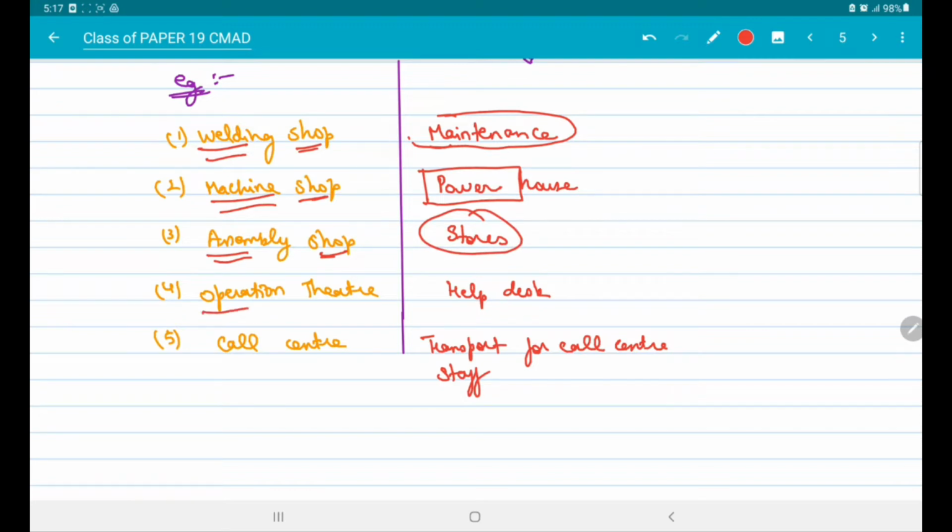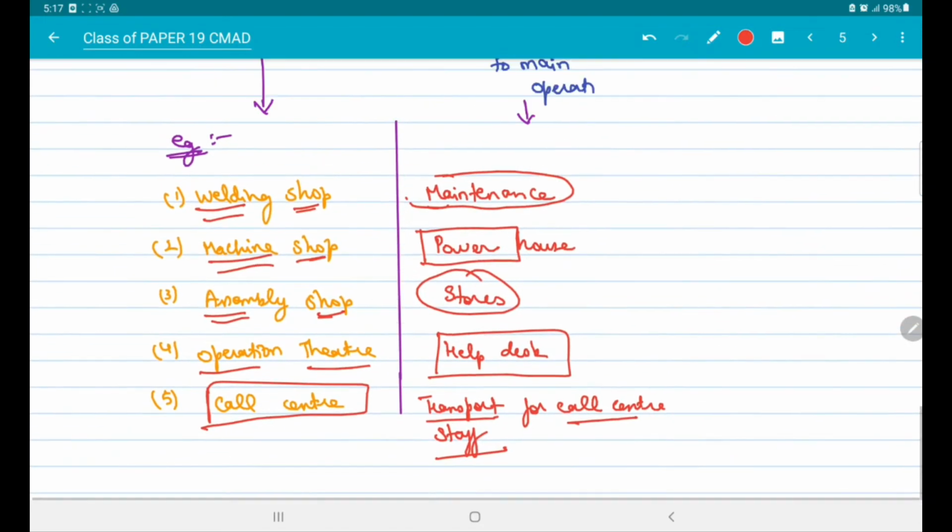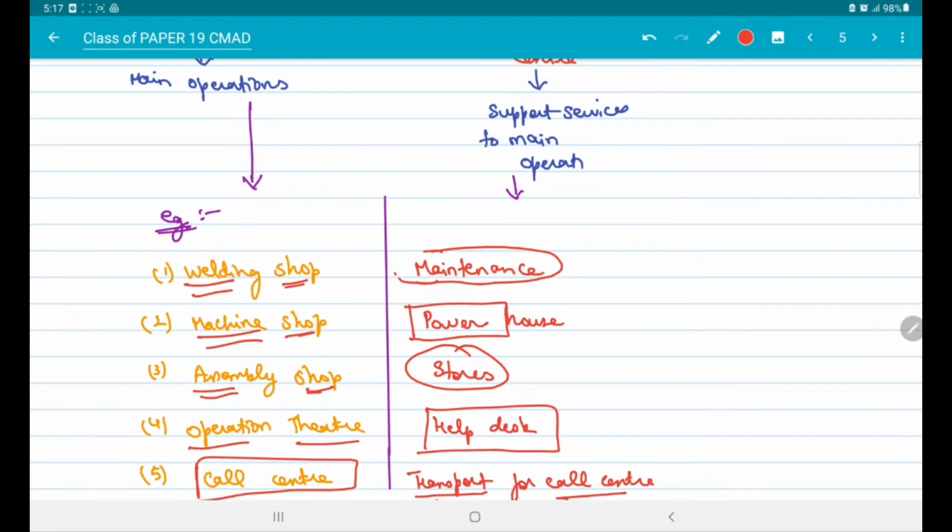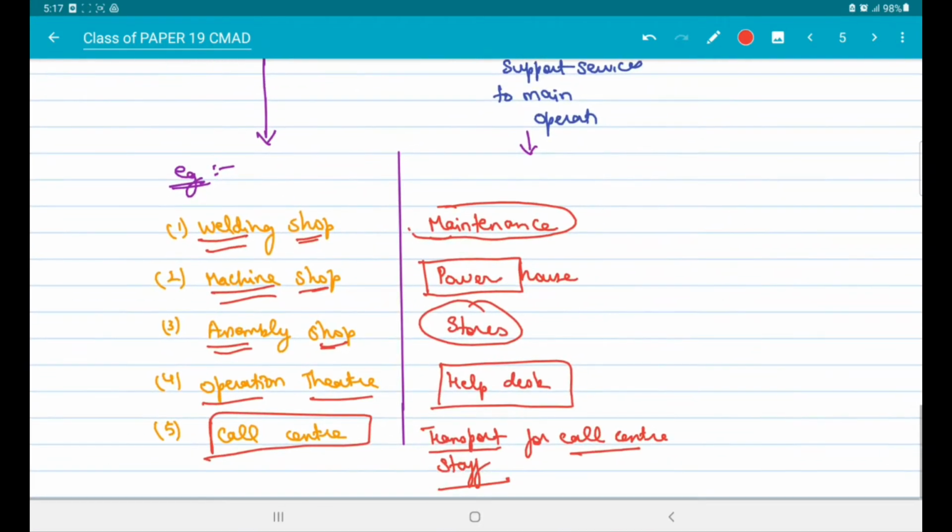If there is an operation theater, then the help desk is the support service. And if there is a call center, then there is transport for call center staff members. So there is always a main operation, and there will also be a support service operation.